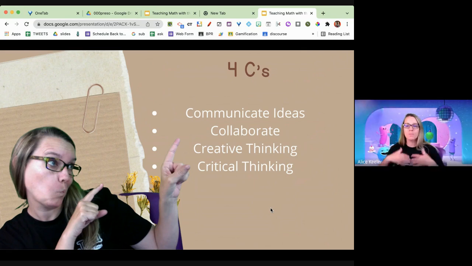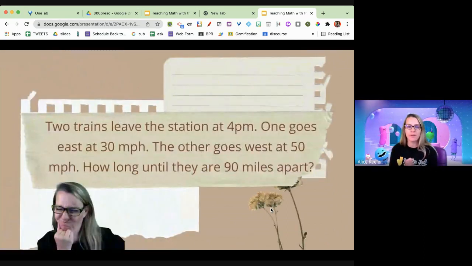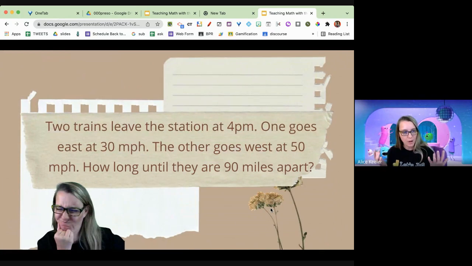Show your work would be to explain something along the lines of, show their thinking. It would be along the lines of, okay, we're 90 miles apart, so it's a total of 90 miles, and each hour, the first train is going 30 miles, and each hour, the second train is going 50.